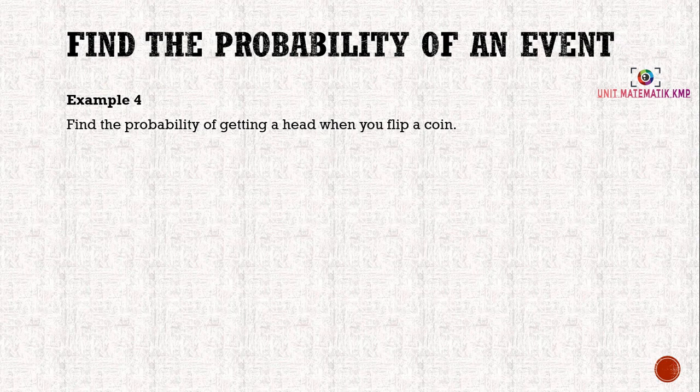So basically this video is all about finding the probability of an event. For example 4 in your lecture notes, find the probability of getting a head when you flip a coin.